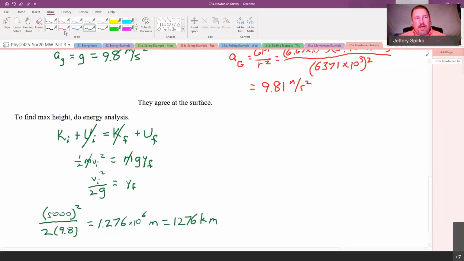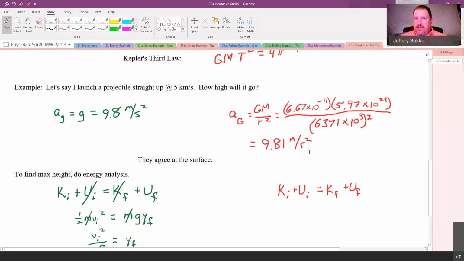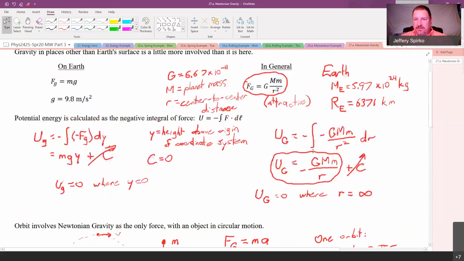Now, if we're going to do it by the Newtonian gravity method, we still have K initial plus U initial equals K final plus U final. We can't set either one of these potential energies equal to 0 because potential energy is 0 when R is equal to infinity. Well, we're not dealing with R equals infinity.